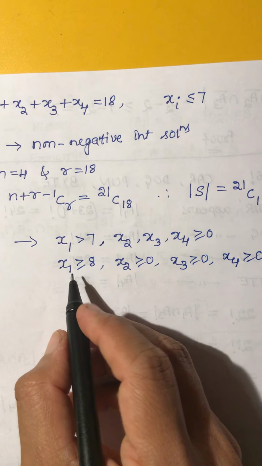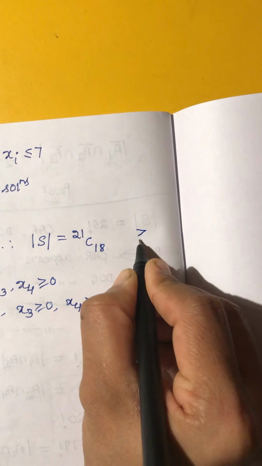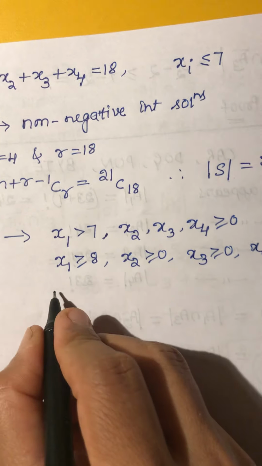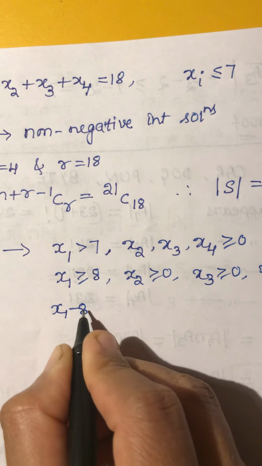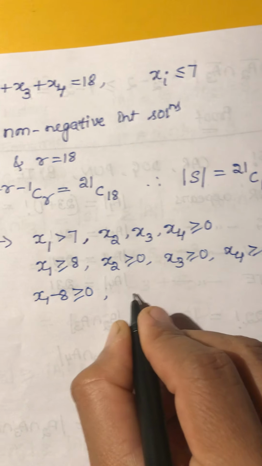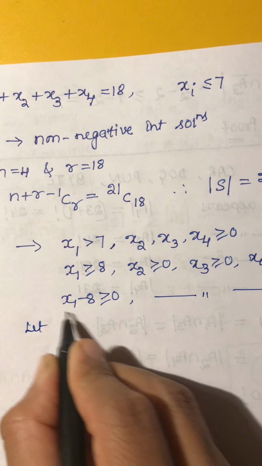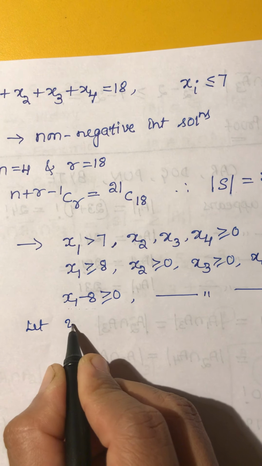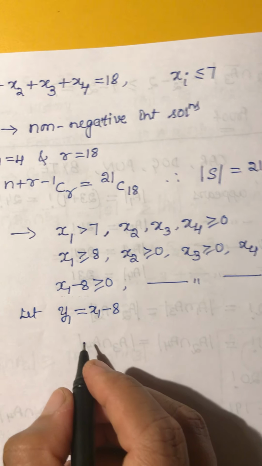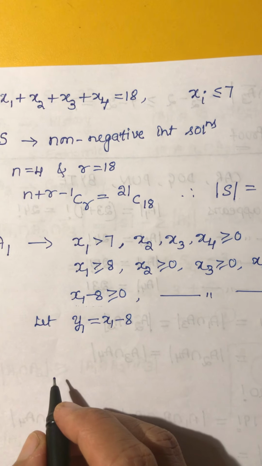But you know that we can use this formula only for non-negative variables, meaning greater than or equal to 0. So we take x1 minus 8, with the 8 taken to the left-hand side, greater than or equal to 0, and the rest stay as they are. Let y1 be equal to x1 minus 8. Now we have y1 greater than or equal to 0.